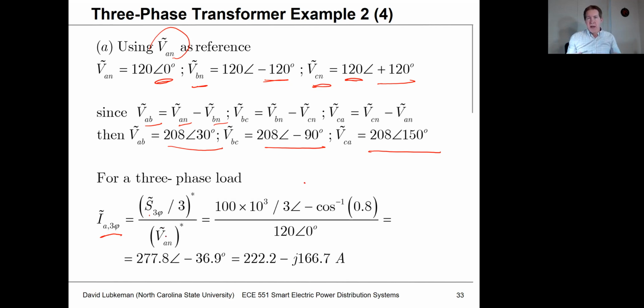So I is S conjugate divided by V conjugate for the single phase quantities. I've got the 100 kVA divided by 3. I've got the angle given by minus the arc cosine of the power factor angle because I've got lagging power factor. Divide through by the voltage, and this gives me a current of 277.8 at minus 36.9 degrees.